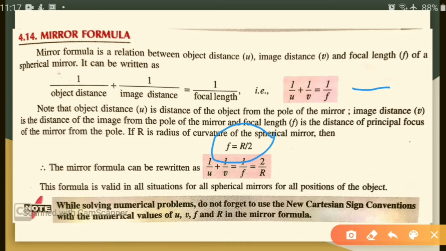Okay, so u, v, f and r, there are 4 quantities. If you know f, then there will be no problem in finding r, and if you know r, there will be no problem in finding f. So you have to apply this formula.